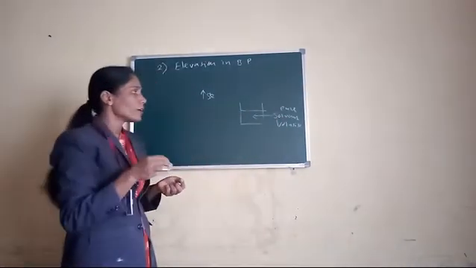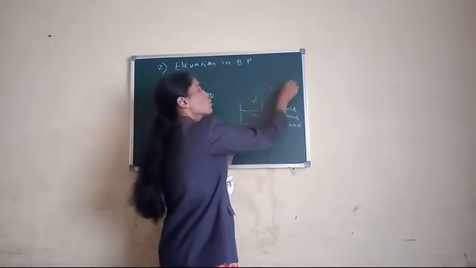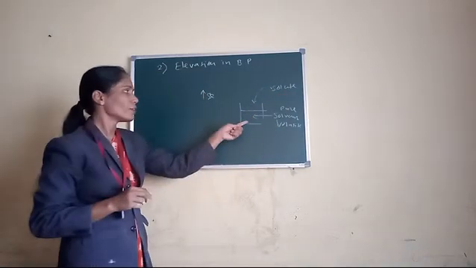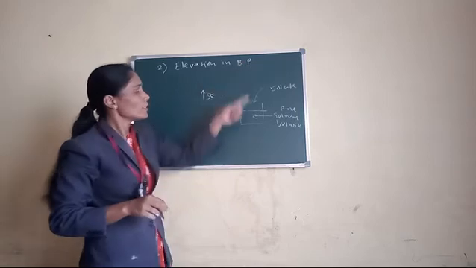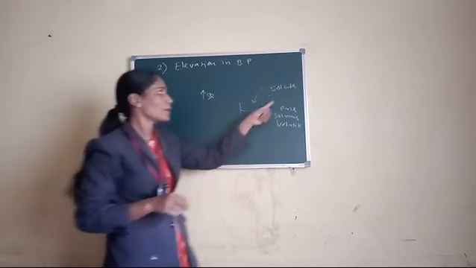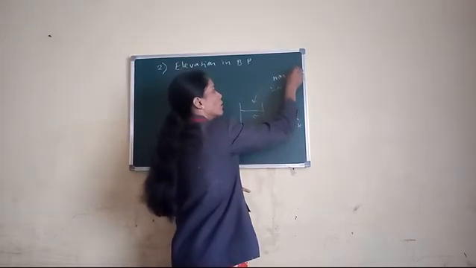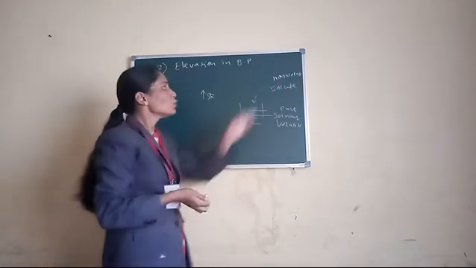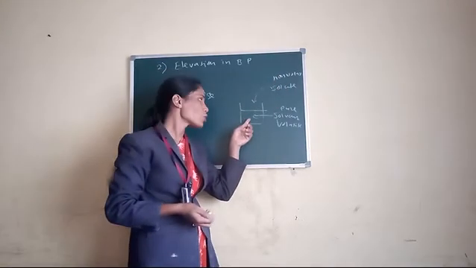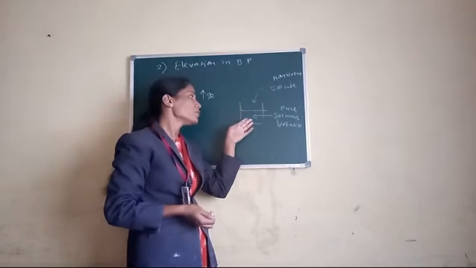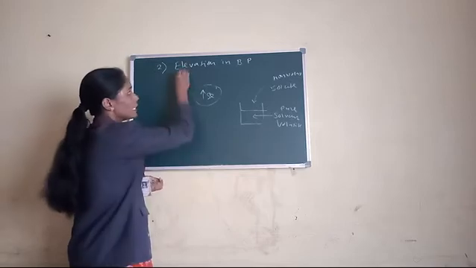A solution is obtained by addition of solute to the solvent, and the property of the solution, the boiling point, changes after addition of solute. The nature of the solute is non-volatile. If a non-volatile solute is added to the volatile pure solvent, the boiling point changes. That is, it increases. Means elevation.